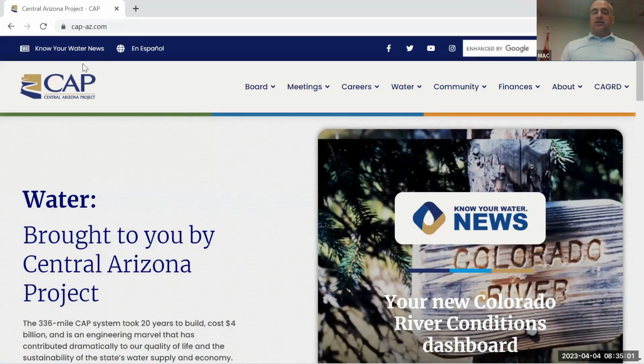Would you be able to log in and show us the steps to get to this site? Yeah, sure. Actually, you don't even need to log in. It's all from the CAP website.